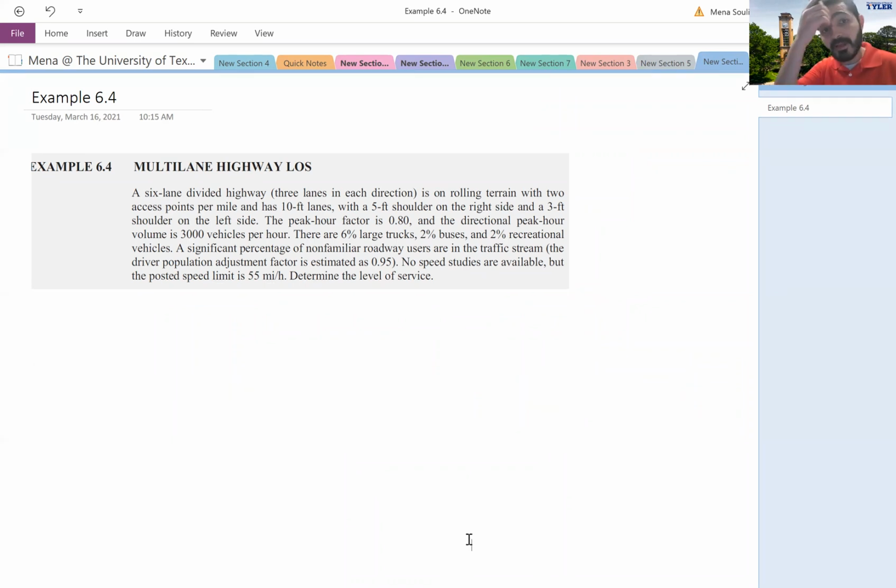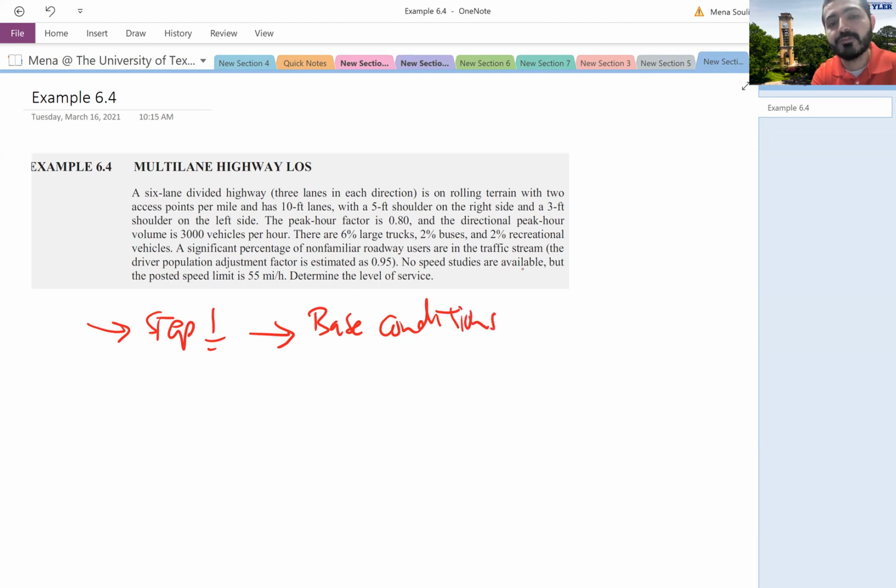Okay, so here we have the example, and we need to go through the steps again. Just for formality, step 1 is to check the base condition. So the base conditions, you have 10 feet lanes, so we're not satisfying that.